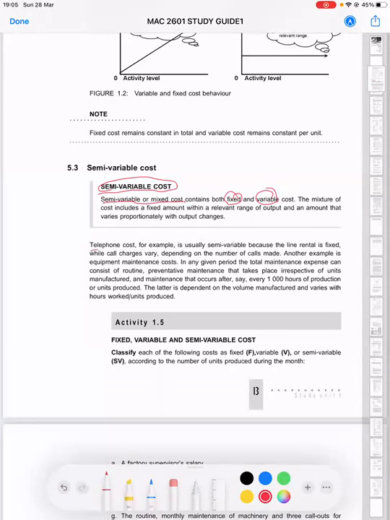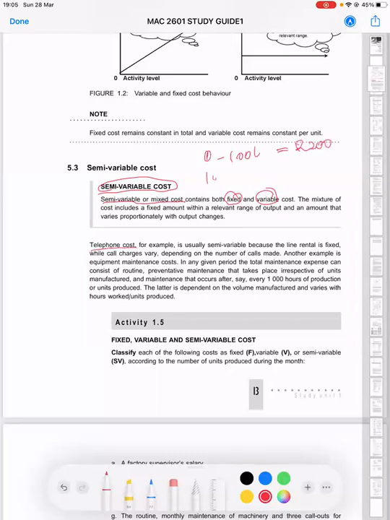Telephone cost is a good example. For a telephone cost, it can contain a fixed and a variable component, as well as your water bill. Let's use the water bill, for instance. They can say for the usage of 0 to 100 liters, you will pay a fixed rate of 200 rand.